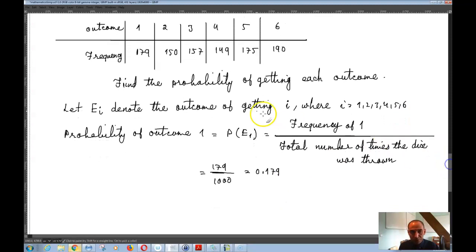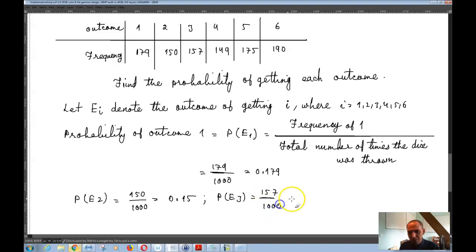By the same logic, P of E2 would be equal to 150 divided by 1,000, which is 0.15. P of E3 would be equal to 157 over 1,000, which is 0.157.